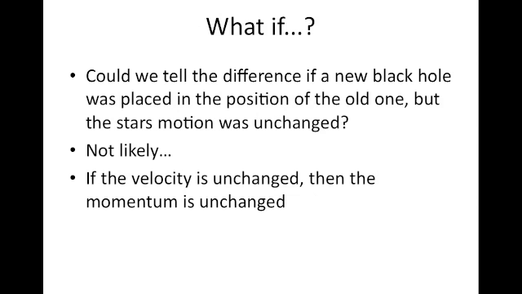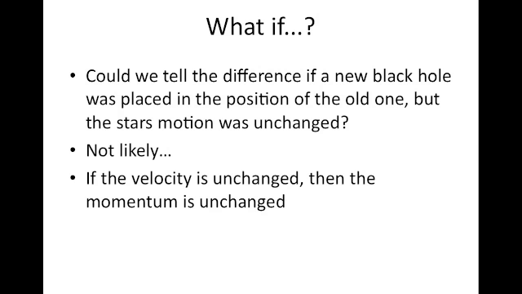Now, what if? Could we tell the difference if a new black hole was placed in the position of an old one, but the star's motion was unchanged? I determined not very likely. If the velocity is unchanged, then the momentum is also unchanged because our star's mass has remained constant. Because our momentum is unchanged, we will be viewing the same net force on our star as from the original black hole.